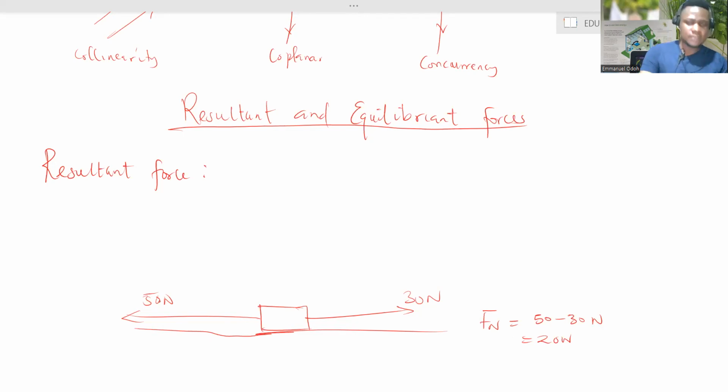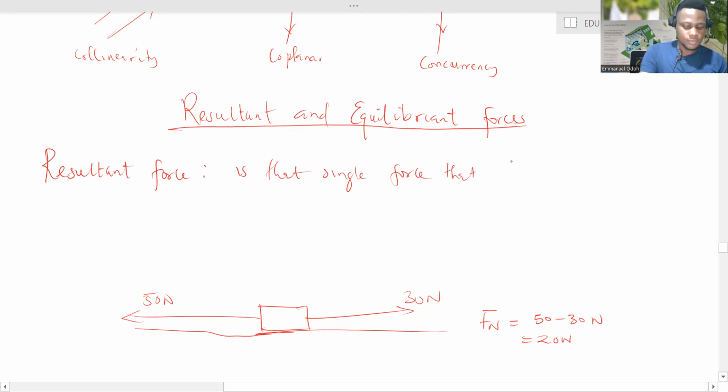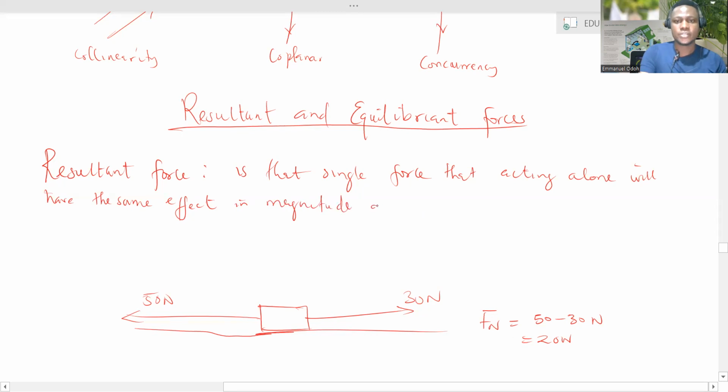So the resultant force is that single force that, acting alone, will have the same effects in magnitude and direction as two or more forces acting together.